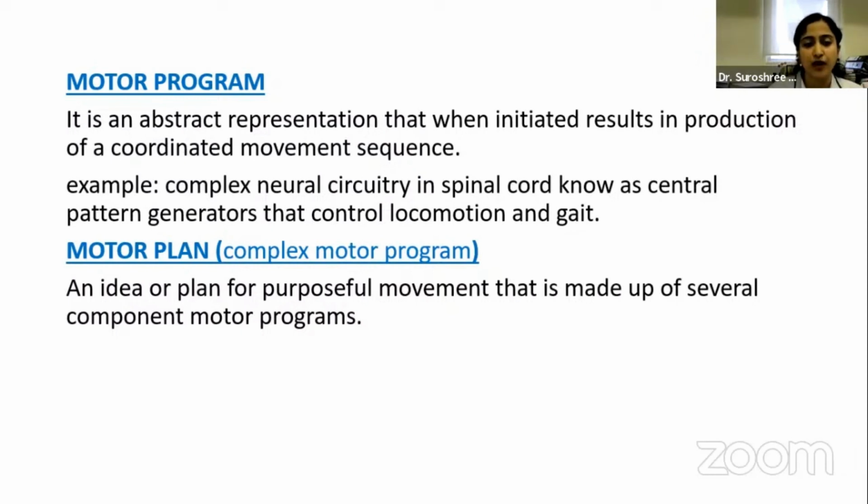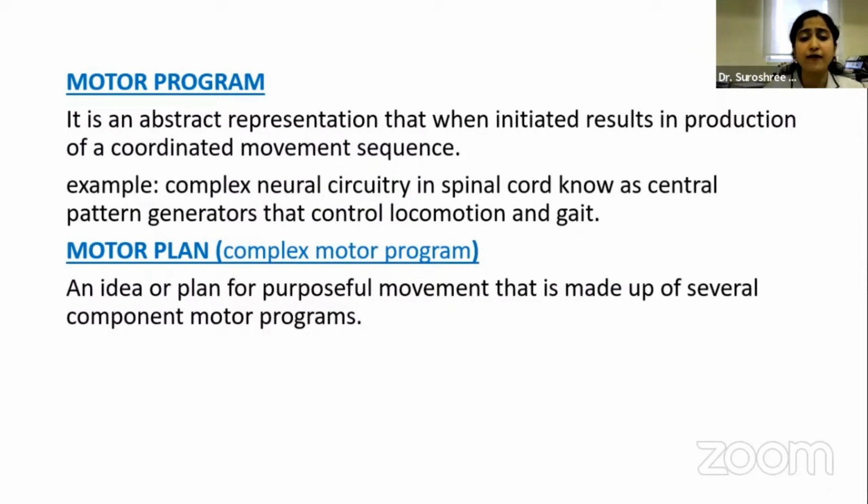The central pattern generators are situated in your spinal cord and they are responsible for your rhythmic oscillatory movements. So in gait, when our right leg is in stance, swing, the left one will go into swing and come into the stance. This is a rhythmical pattern. If right is ahead, then later left will come ahead, again right, again left. So this is a rhythmic movement that is occurring at both the limbs.